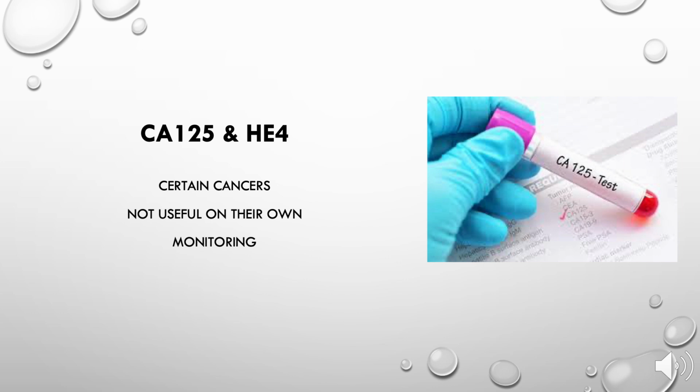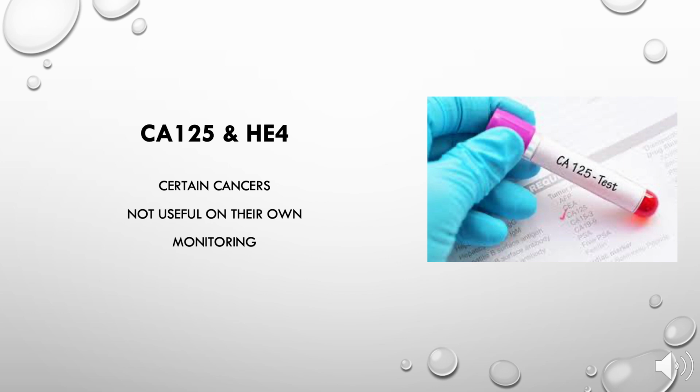And even in some non-cancerous conditions, such as endometriosis, diverticulitis, fibroids, inflammatory bowel disease, liver disease, pregnancy, or even patients that have recently had surgery. And so it makes it really difficult to use it as a singular confirmatory test.